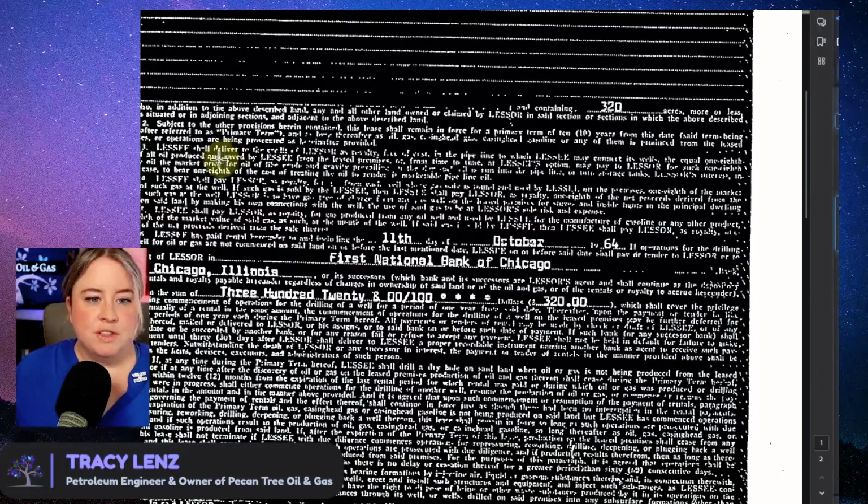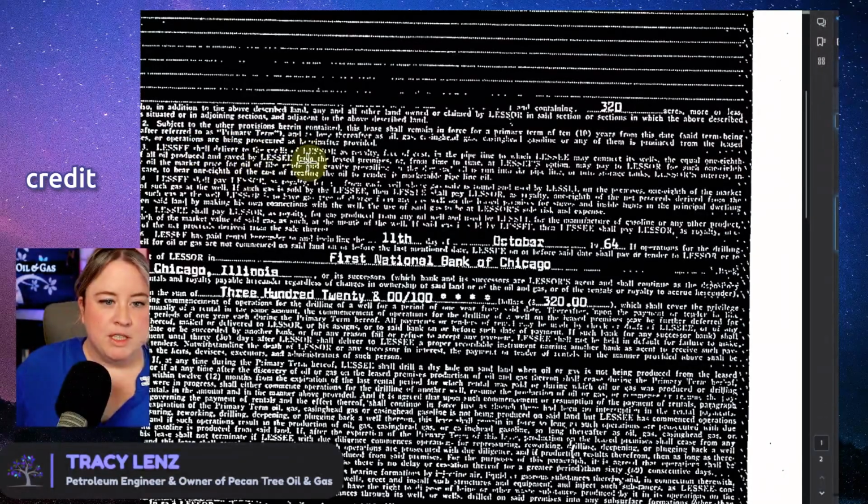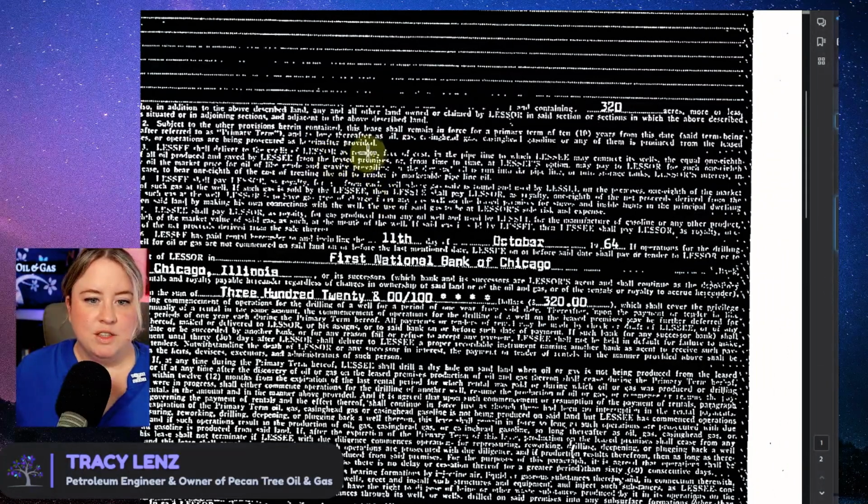Lessee shall deliver to the lessor a royalty. That is the word royalty. But what's important here is the equal 1/8. And you can see, again, it will mention pay lessor for such 1/8.